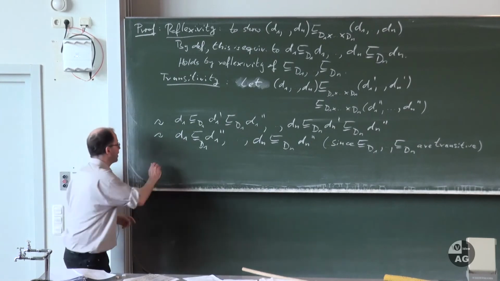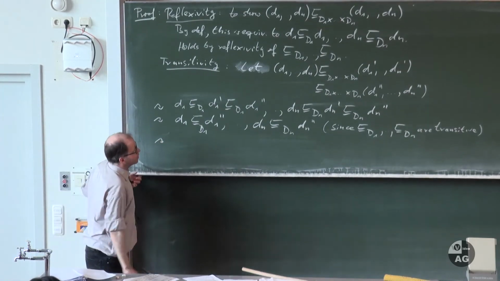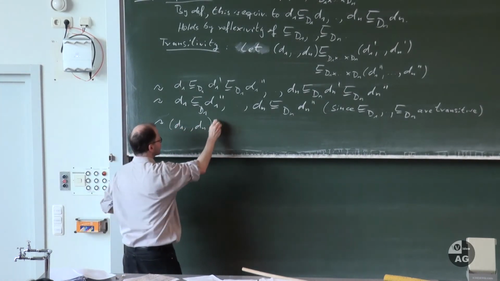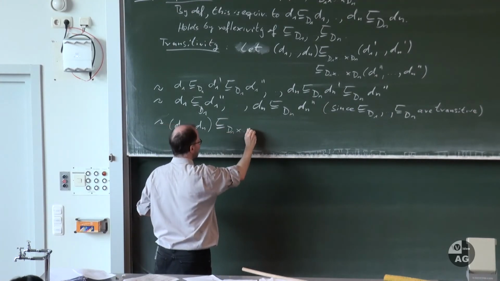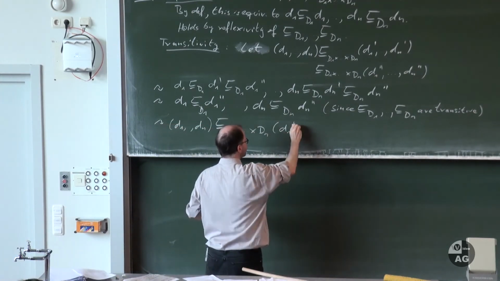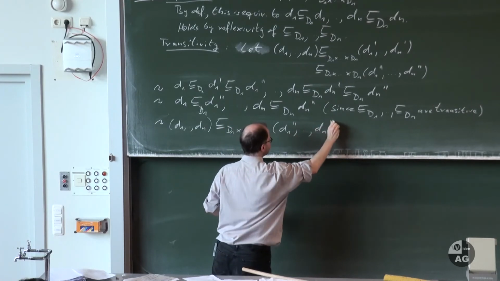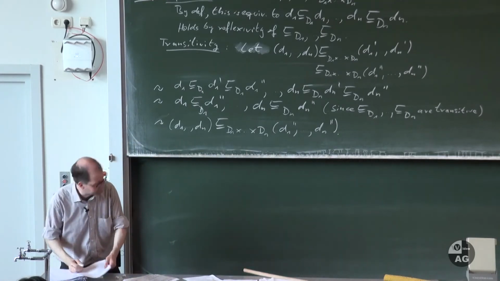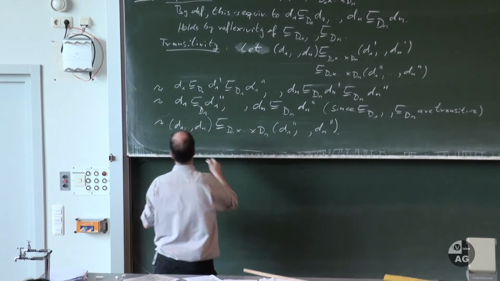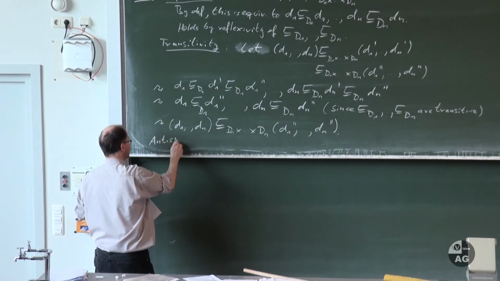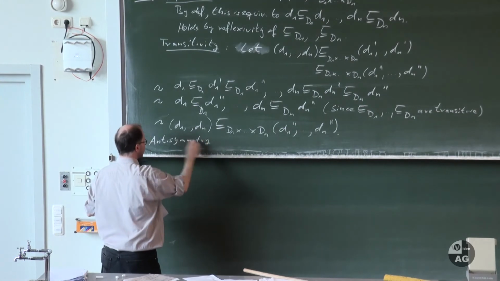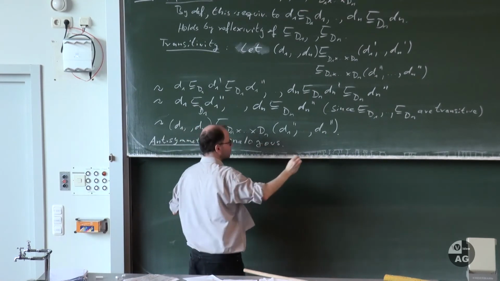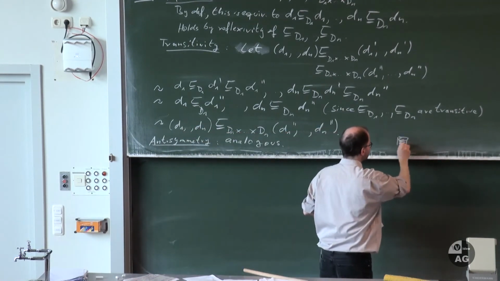So if this all holds, then by the definition of this order on the Cartesian product, we know that d1 to dn is less defined or equal to d1 double prime to dn double prime. And right, that's indeed it. Anti-symmetry is proven in just the same way, works analogously. So this I will omit, and this ends the proof.